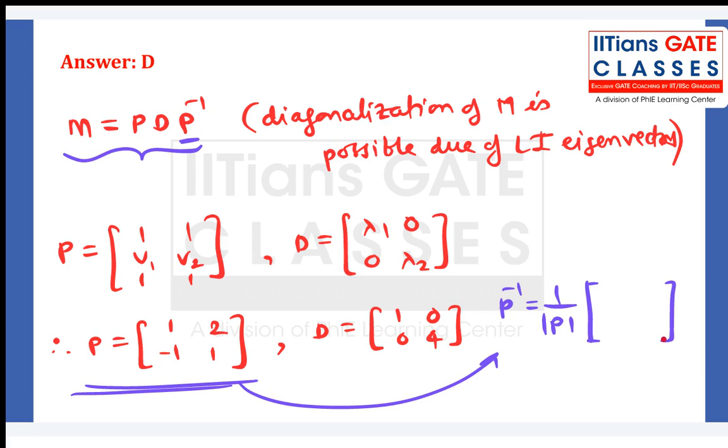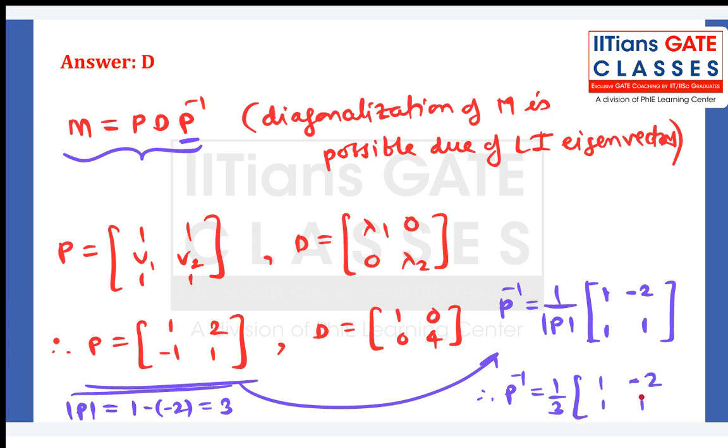Here both are 1, so it doesn't matter, and you change the sign of the other elements. So 2 will become minus 2 and minus 1 will become plus 1. And what is the determinant of this matrix? It is 1 minus minus 2, so it is plus 3. Therefore P inverse is 1 by 3, 1 minus 2, 1 1.